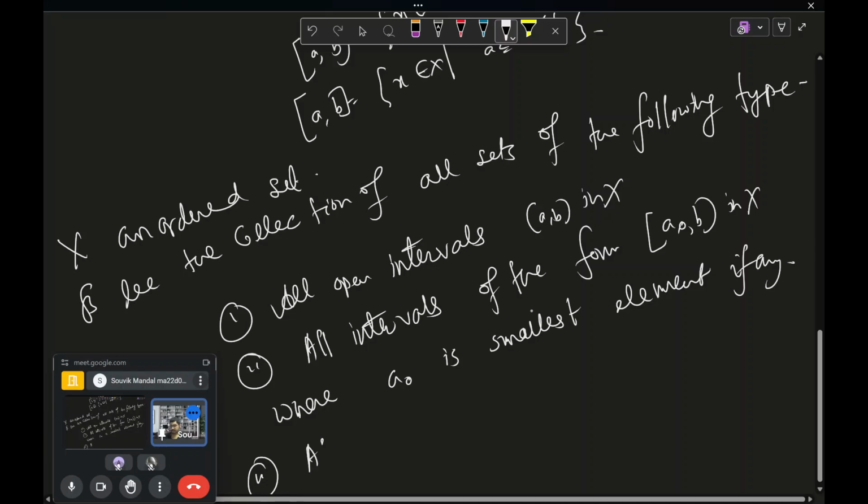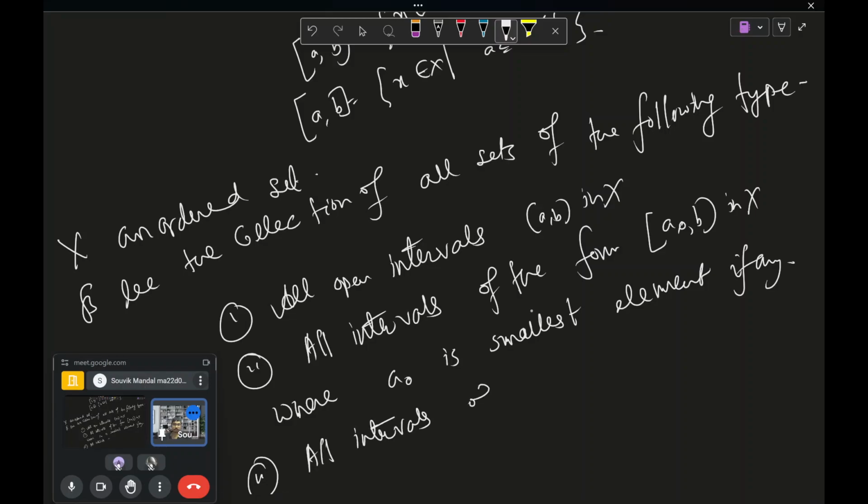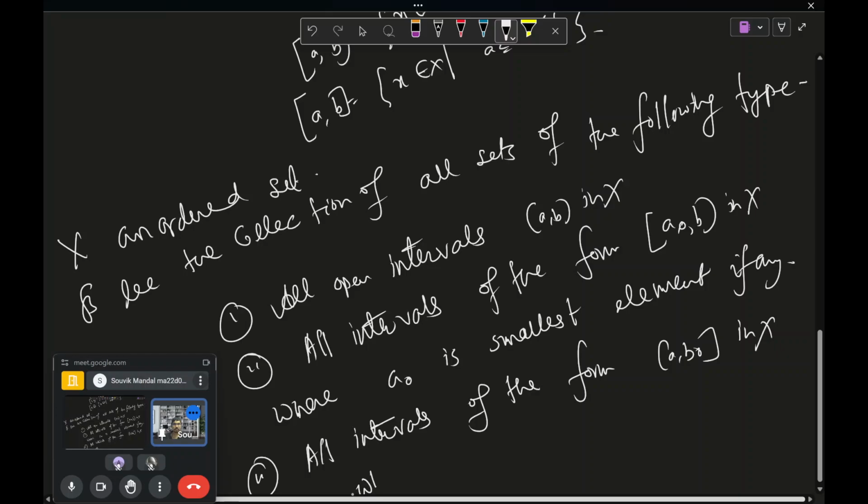Third is all intervals of the form open a, closed b naught in X, where b naught is the largest element, if they exist.